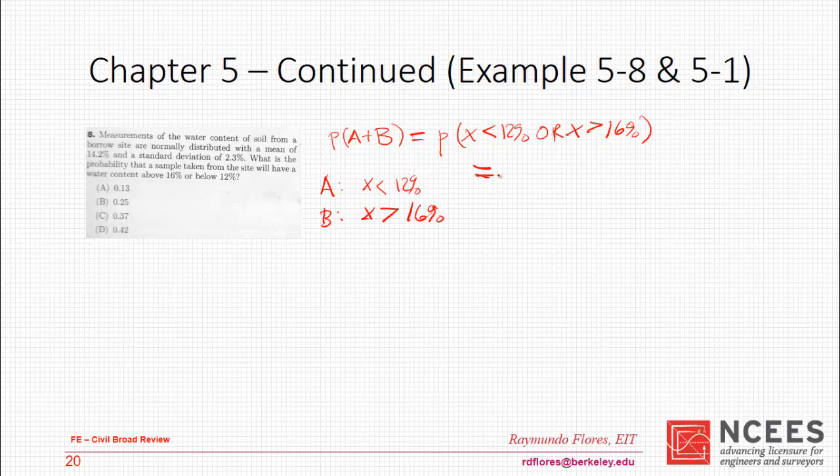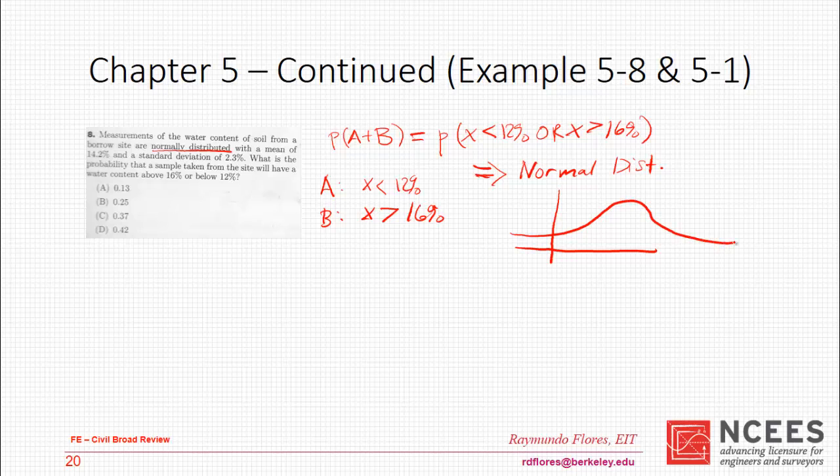So if we're going to do a problem like this, we're going to be using the concept of normal distribution. Why? Because it says normally distributed, so we'll just go ahead and use that. If we look at a potential plot for how this should be, we might look at something like this.